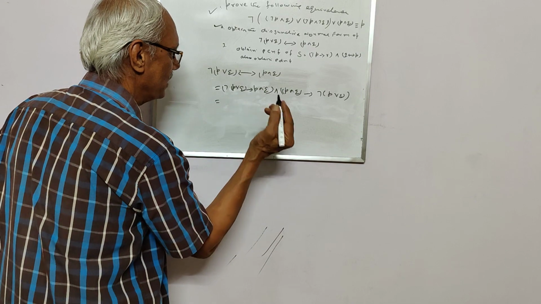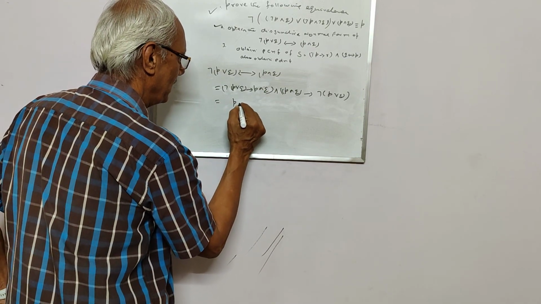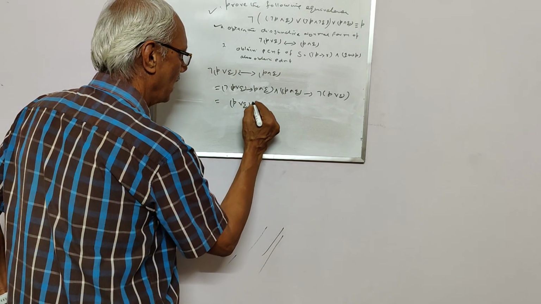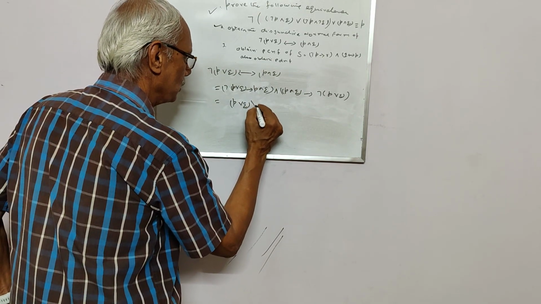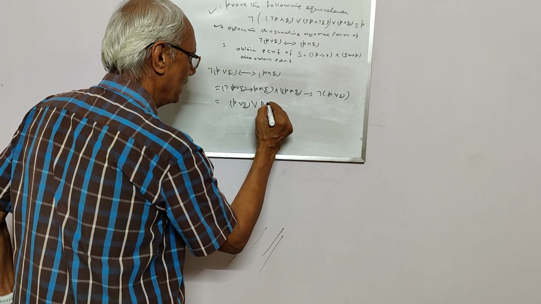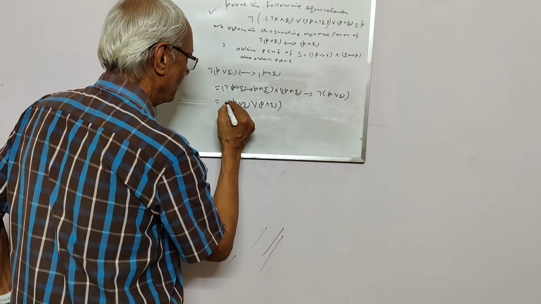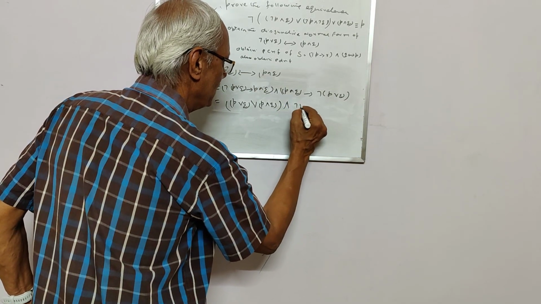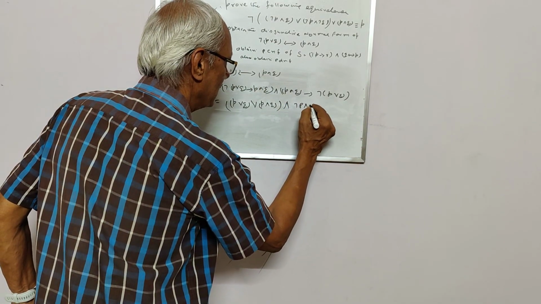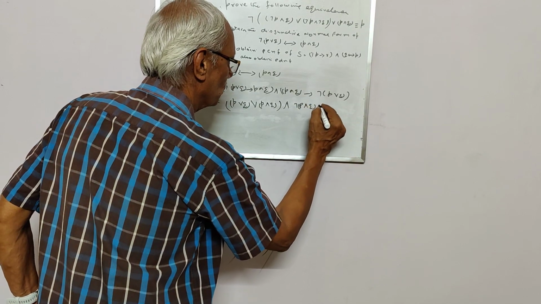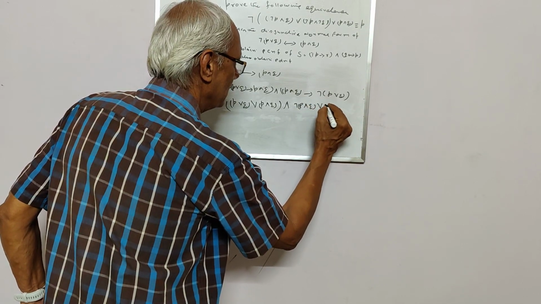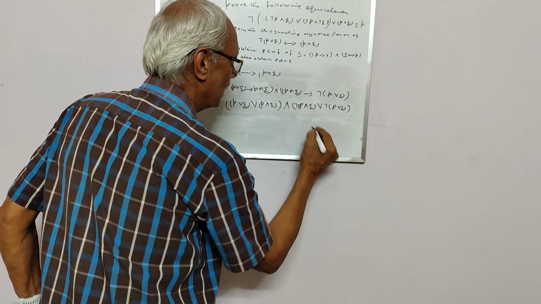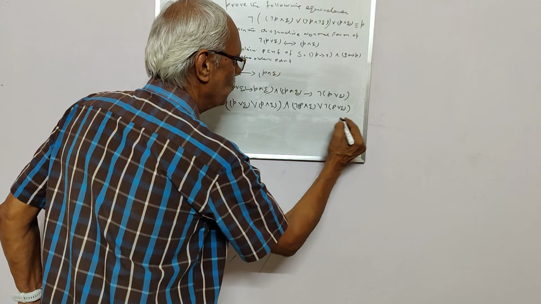Now I'll write this as P disjunction Q, implies P conjunction Q, and negation of P disjunction Q, union negation of P union Q. What is the law that I use?